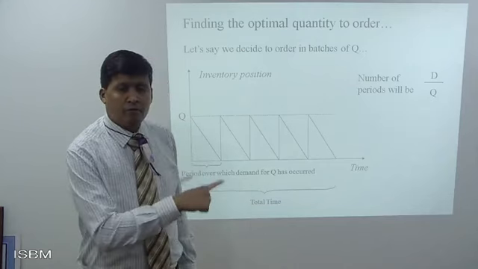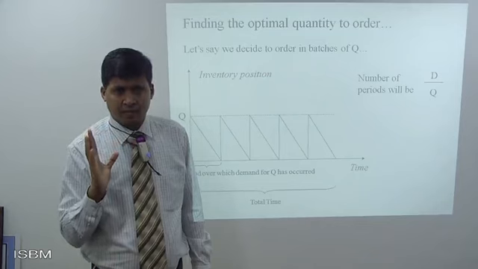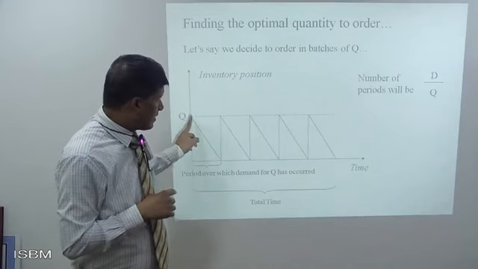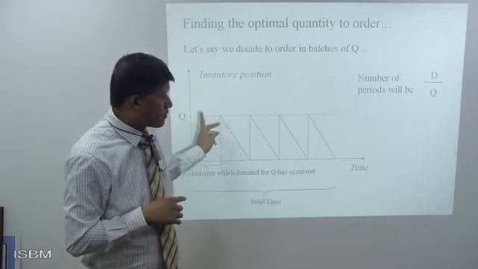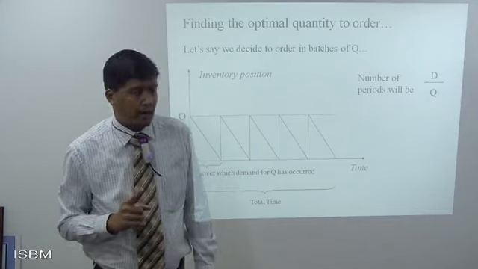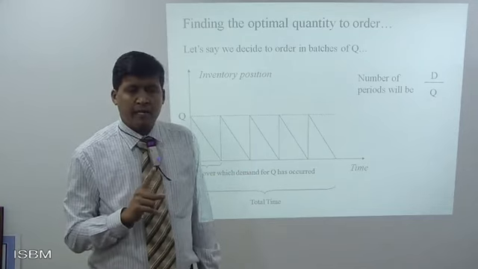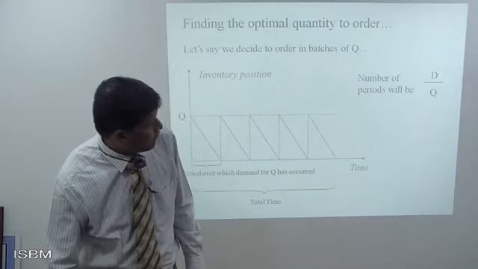At every point of time the inventory comes down, we purchase the next. Once the demand is here, it comes down and we want to take this over here as well. So with Q, you will find the batches to be ordered, where the number of periods will be D divided by Q. The next graph will make this more clear.